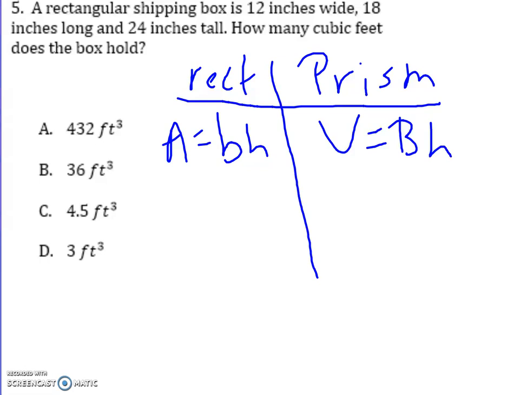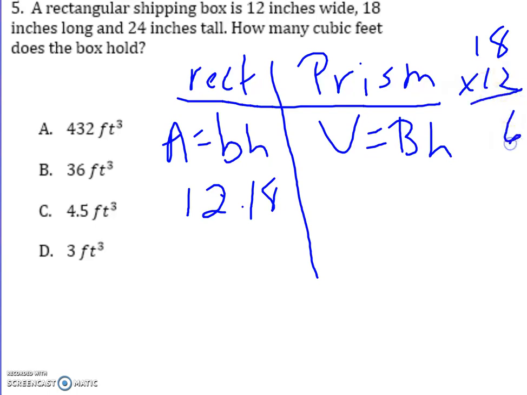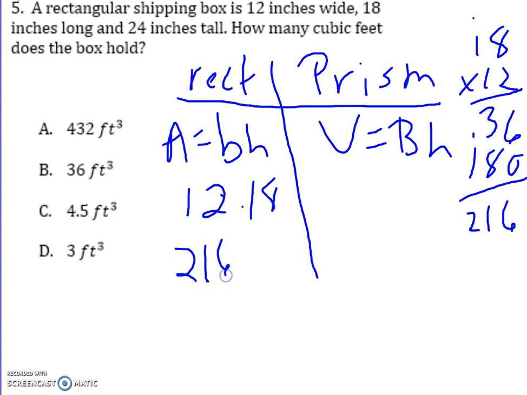So we have 12 by 18. So 18 times 12. 2 times 8 is 16. 2 times 1 is 2. Plus 1 is 3. Placeholder, we got 8, 1. Added up, we got 6, 1, 2. So we have 216. And then we have 216 times 24.